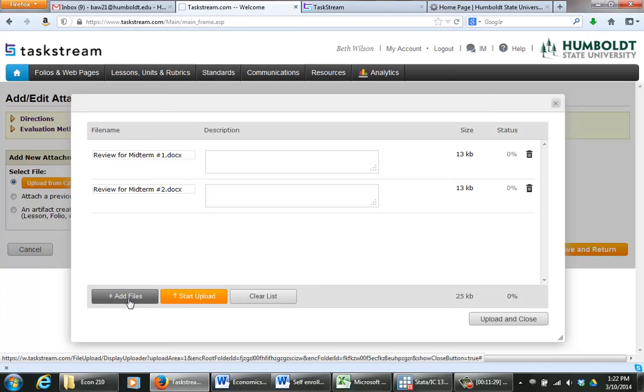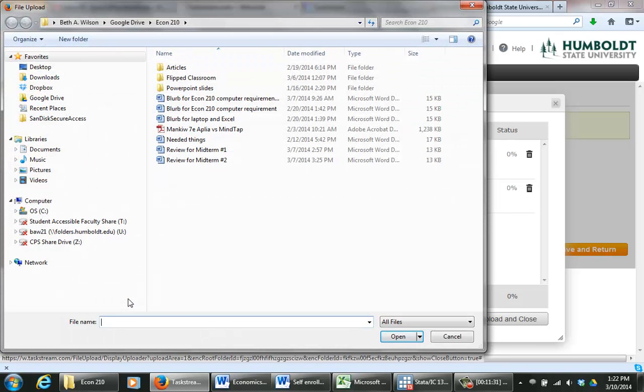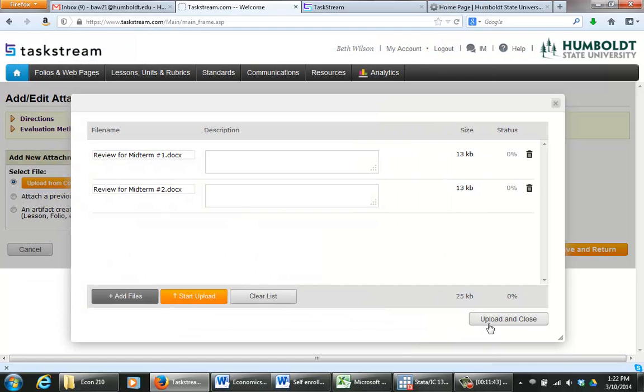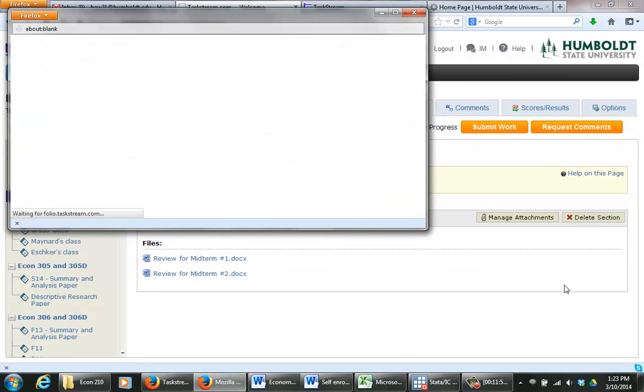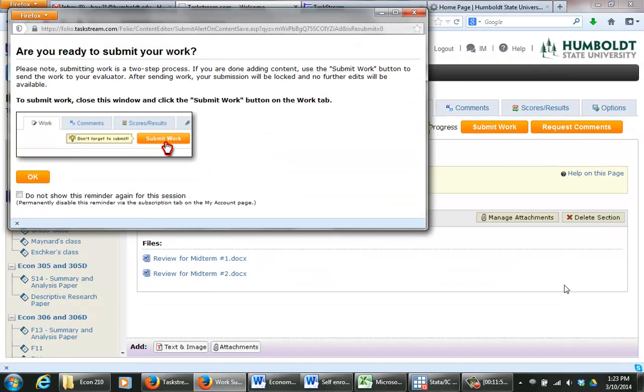I can also click on Add Files, and that will bring up this document and allow me to bring both of these 2 in here. I can just click Open, or I can drag them, either way, all right, to get them in here. All right, then I click Upload and Close, and here they are. I click Save and Return, and that brings me back to the main page.